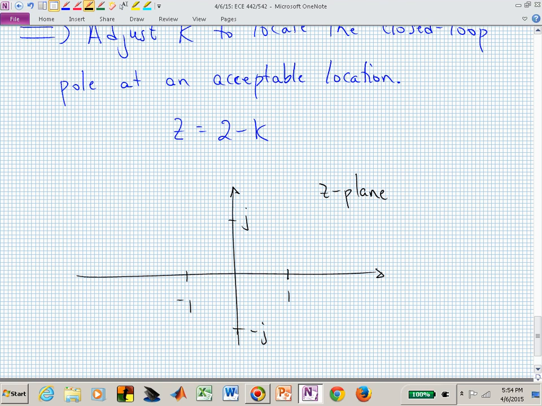Where are we starting with our open loop pole? With k equal to 0, where is our pole? It's at z equal to 2, isn't it? We now actually have a pole right there in the open loop. There's our open loop pole.